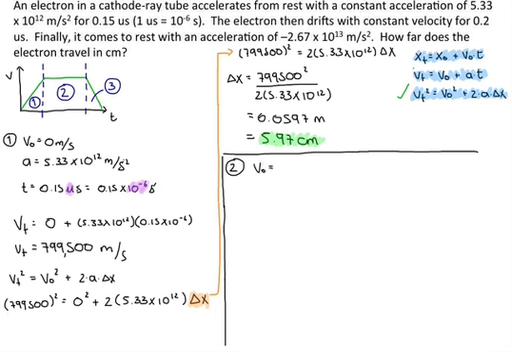The initial velocity here will be the same as the final velocity for the first journey, which is 799,500 meters per second. We also know that the electron is going to be drifting for a period of 2 microseconds.